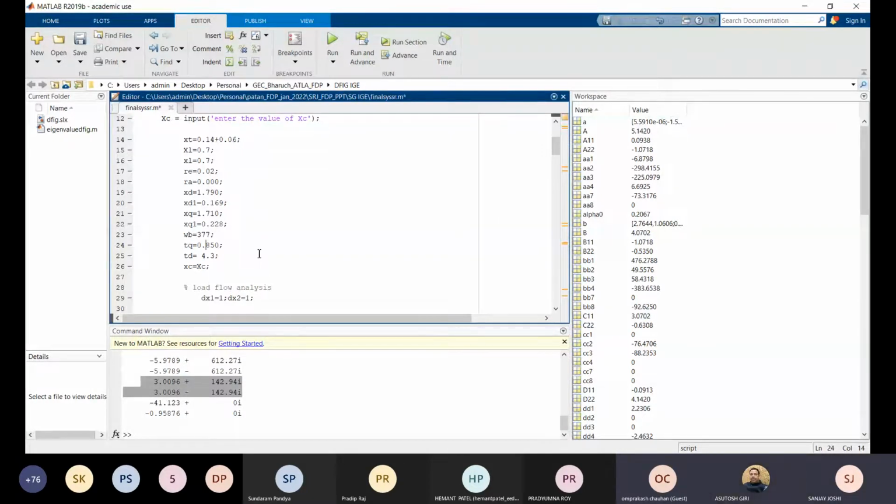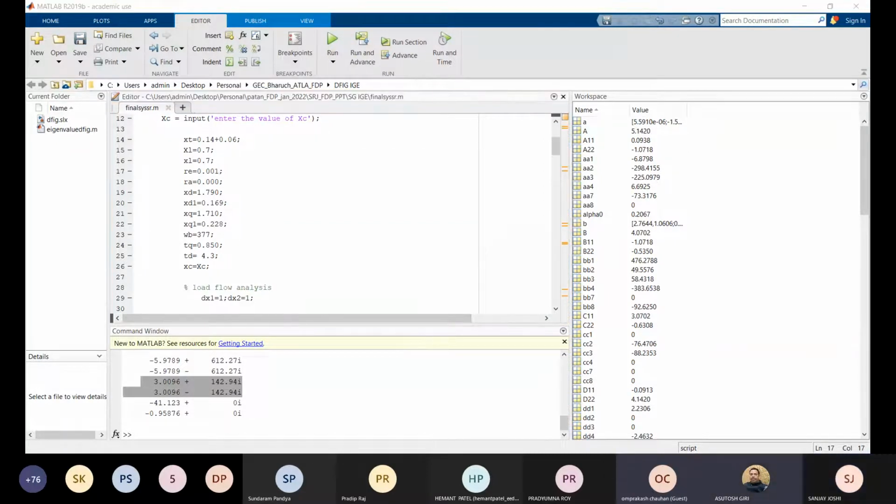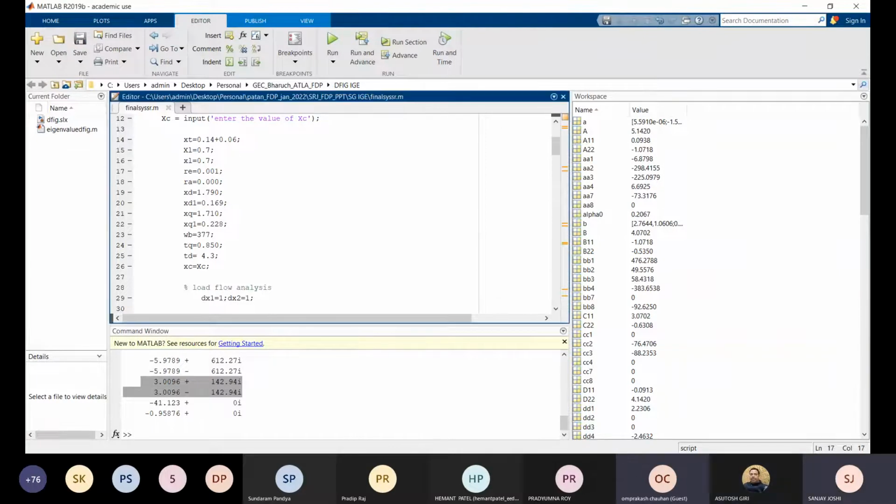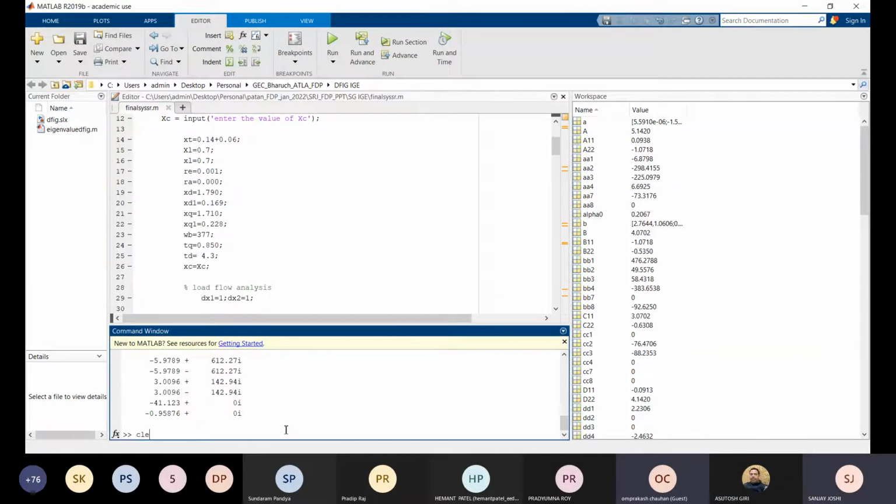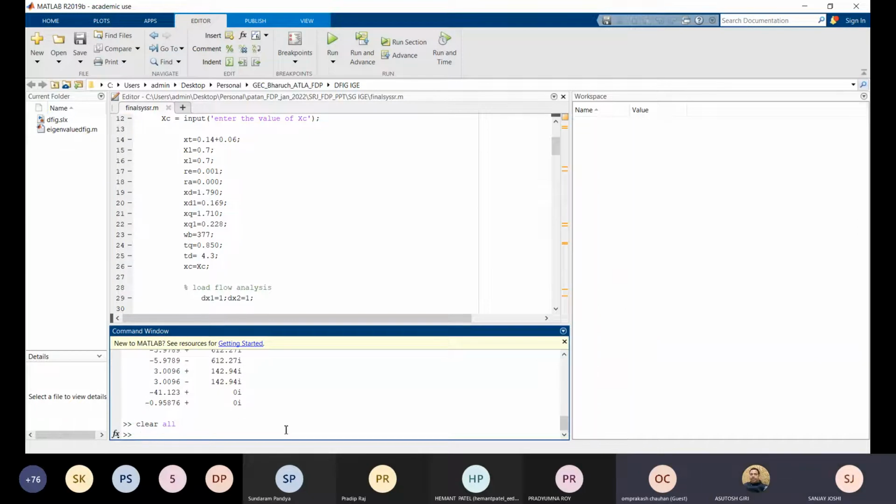And here, 0.001. Okay. Clearing all variables.